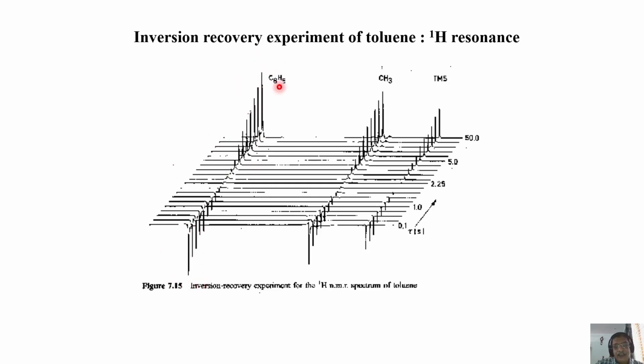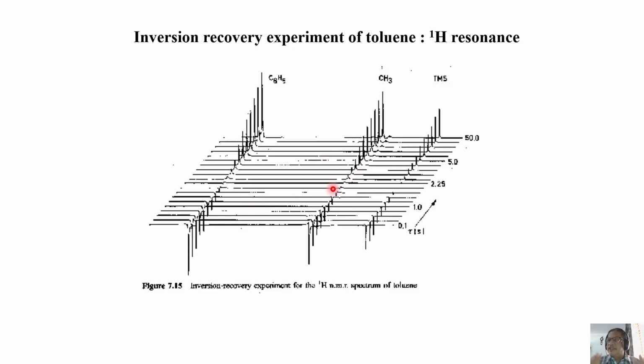If you fit these data points into that exponential equation, you will get the T1 value. Same way you can find out for the CH3. So for each spin or each peak, you can get the T1 individually by the inversion recovery experiment.